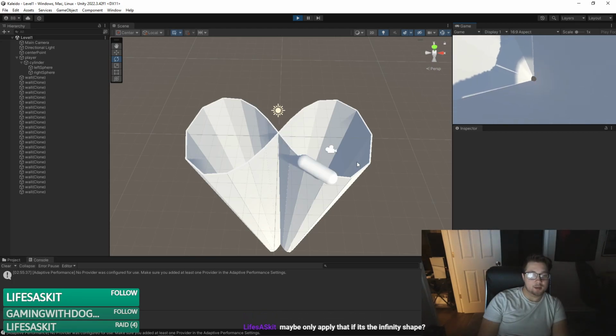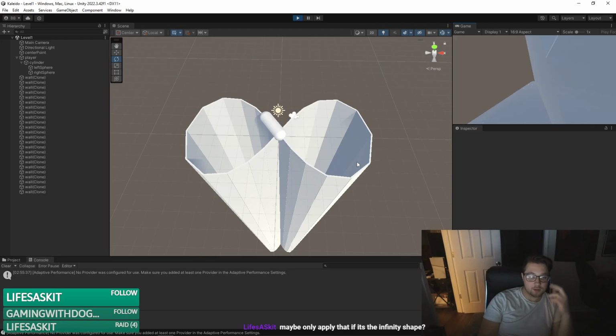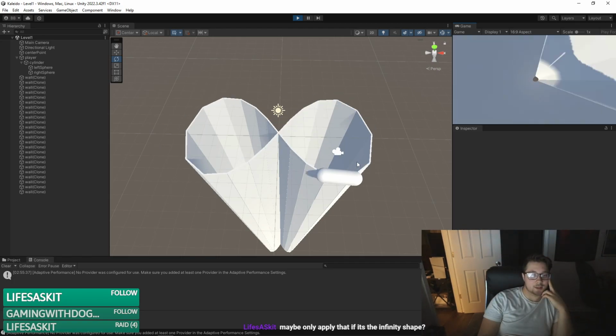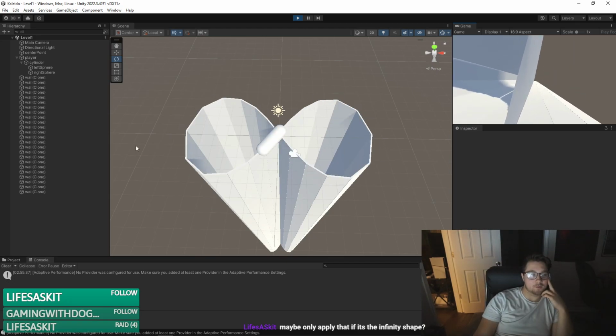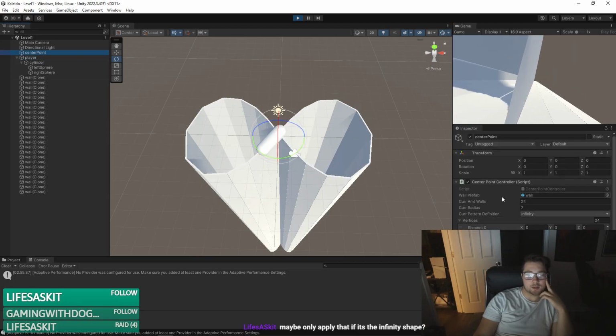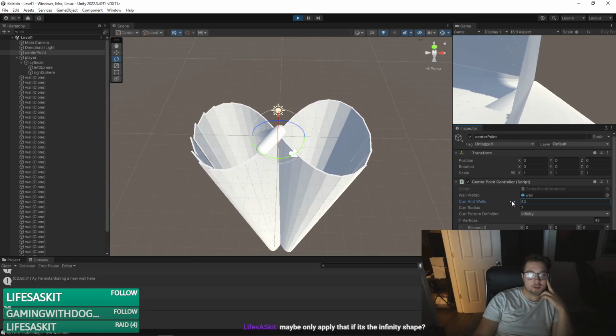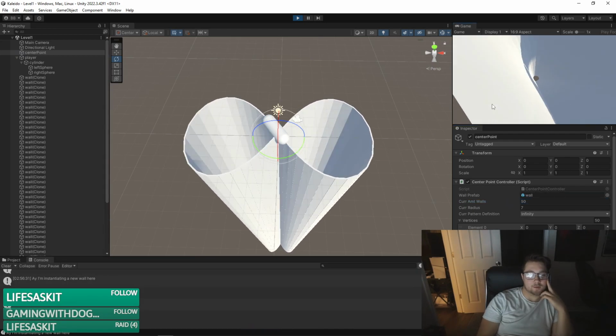When they get to here, which they shouldn't, because they're not on a different side of the wall. It's a continuous line of walls, and that's necessary because if we add more of them, you can see it still works just fine.